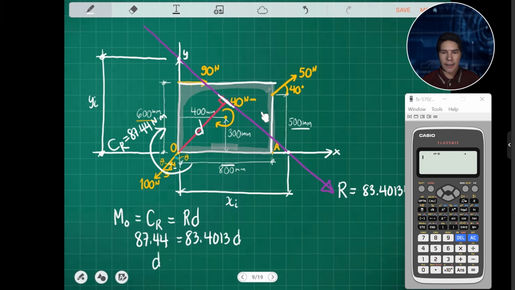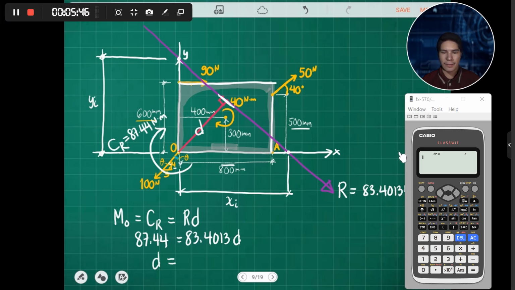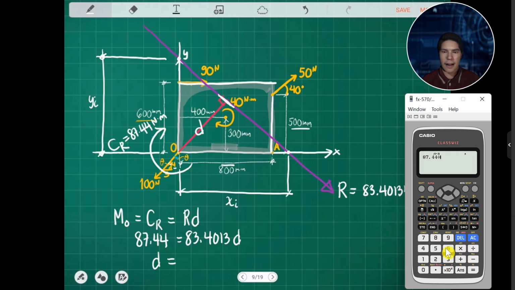Thus the distance is equal to 87.44 divided by 83.4013. So the answer is 1.048 meters.